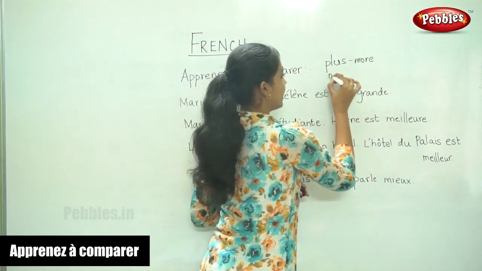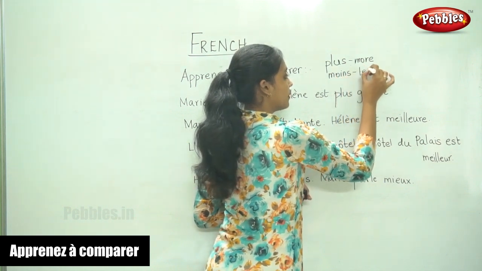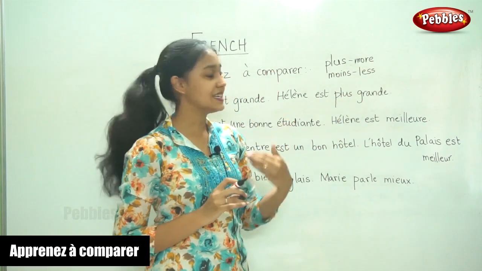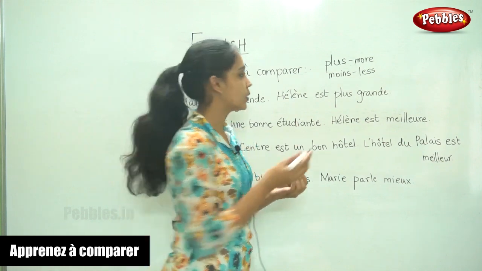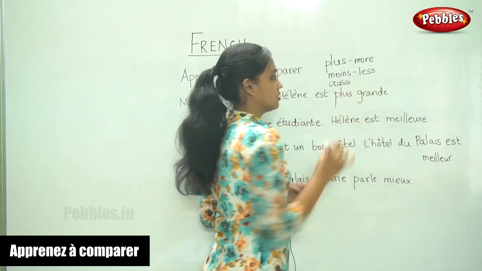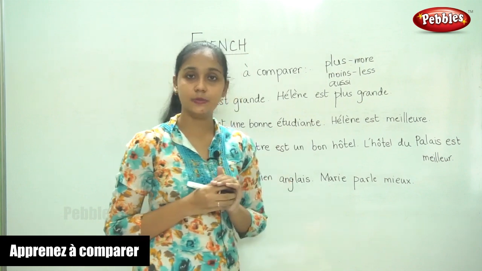And the opposite of that is moins. Moins means less. Plus is more and moins is less. And to indicate that both are of equal quality, we use the word aussi. Aussi. So these are three words we need to remember.